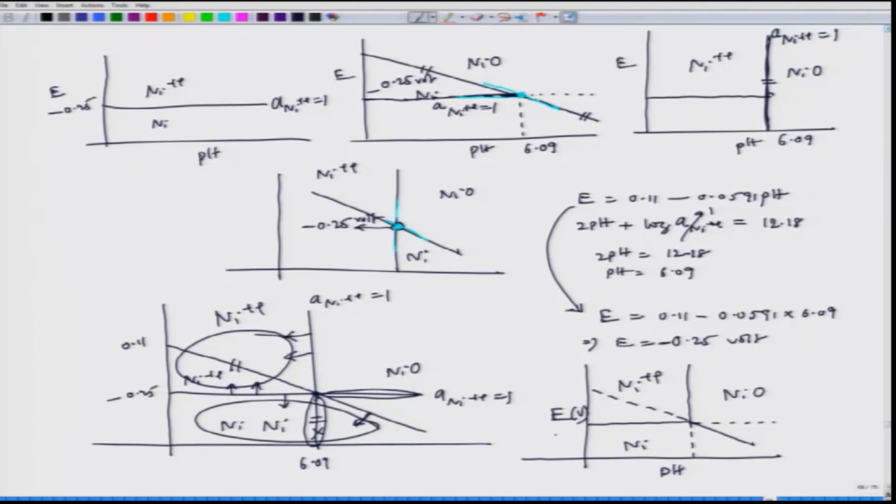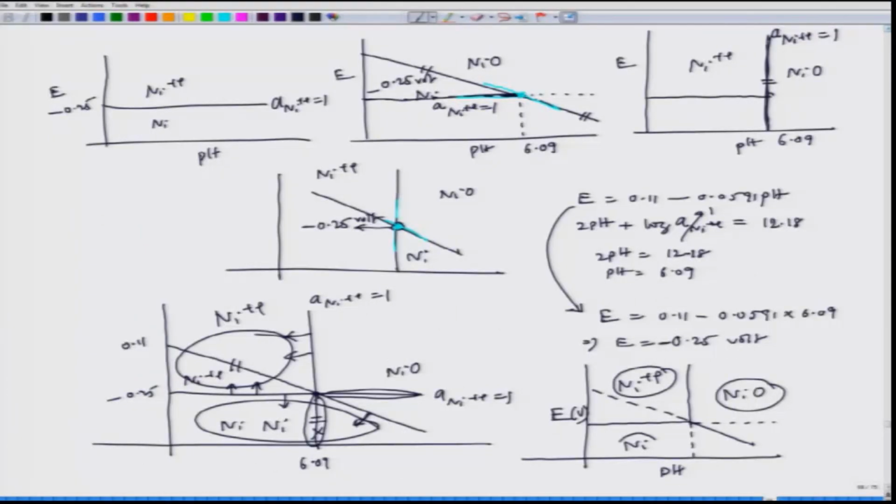So, we see that we can distinctively specify the stability regions of 3 species, this one and this one. So, in the nickel H2O system, we have considered 3 simple reactions and then tried to see the stability regions in the E versus pH plot. So, we will have more on this Pourbaix diagram.